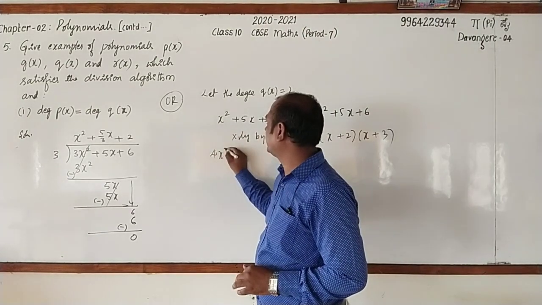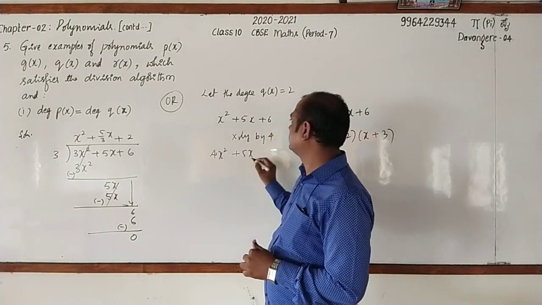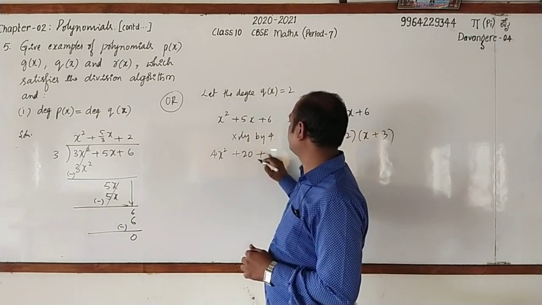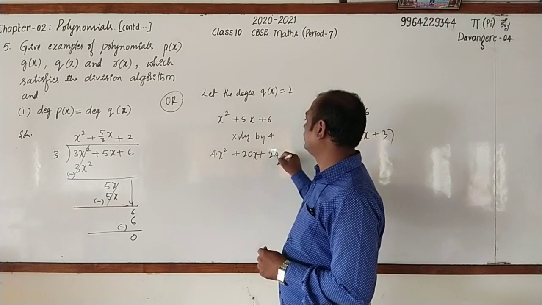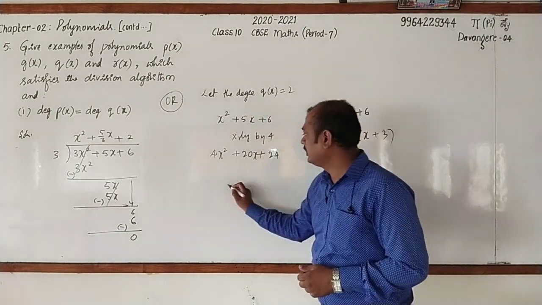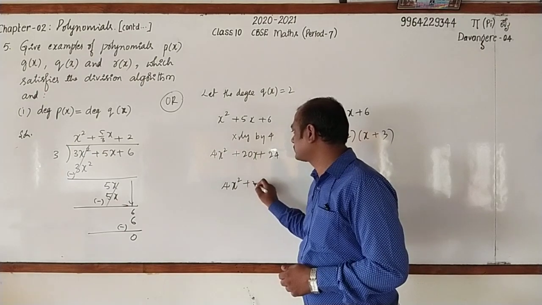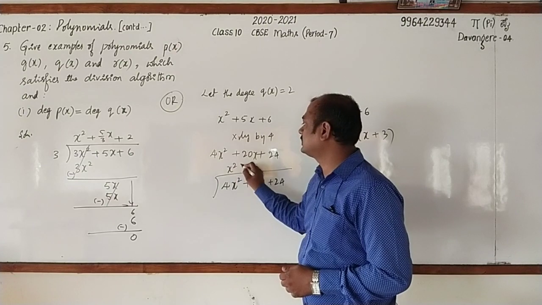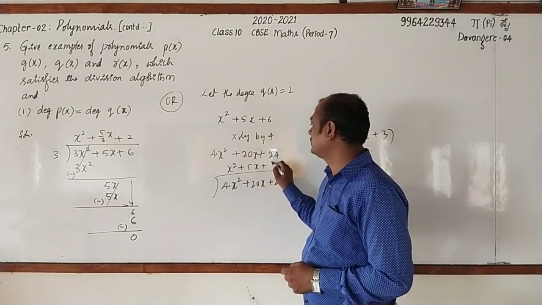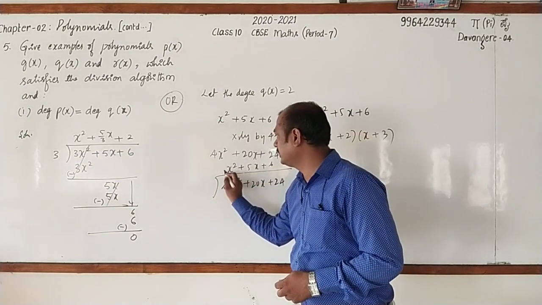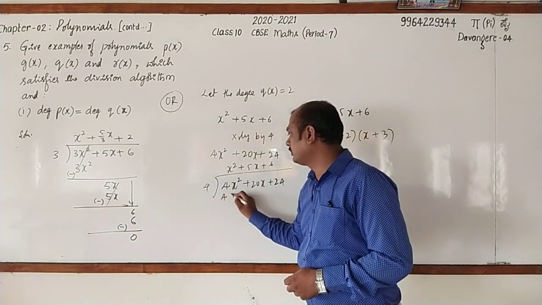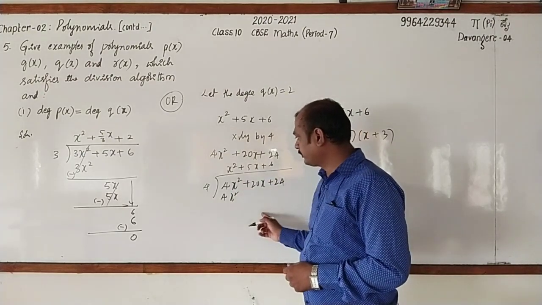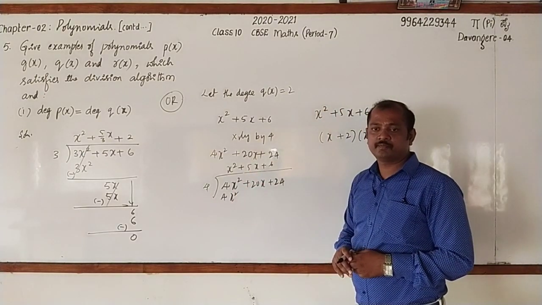It will be 4x square plus 20x plus 24, 4 6s are 24. Observe, when you divide 4x square plus 20x plus 24 by a particular number such that we should get x square plus 5x plus 6. Now see that I go for taking 4 into x square, 4x square. Clear? Similarly, you can go for the remaining steps, you will get the same.